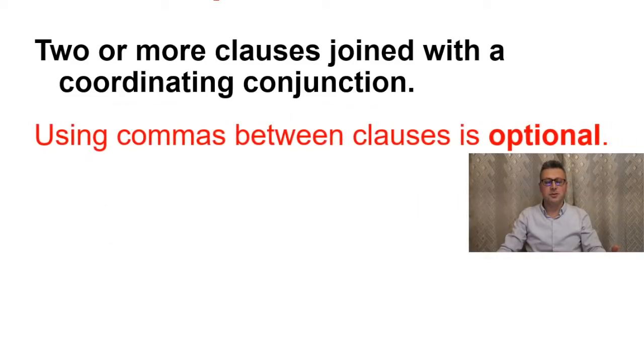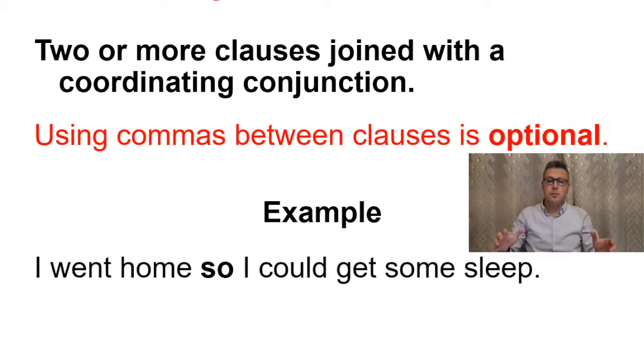So let's look at an example. I went home so I could get some sleep. I went home. It has all the components of a simple sentence. The meaning is complete. The thought is complete. I went home stands alone as a sentence.